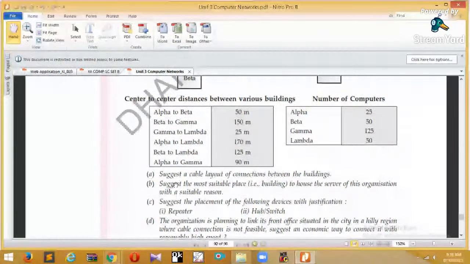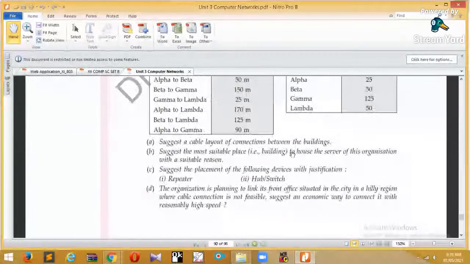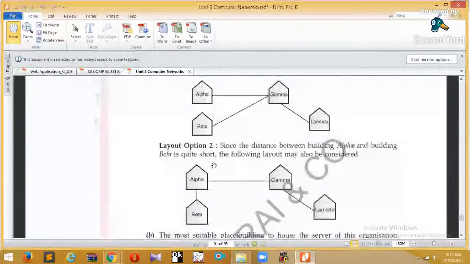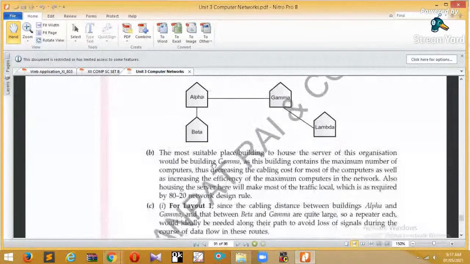suggest the most suitable place or building to house the server of this organization with a suitable reason. As I have already told, for this type of question you must concentrate on where the number of computers is more. So the answer is that the suitable place to house the server of this organization will be gamma.